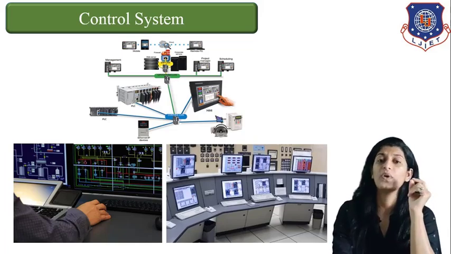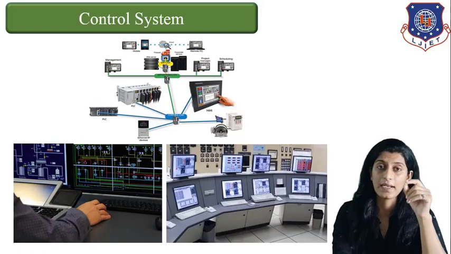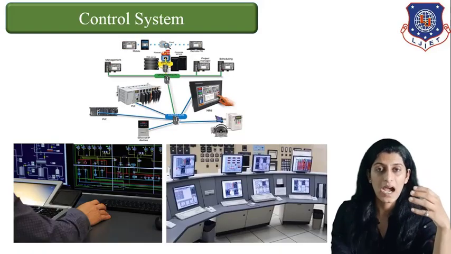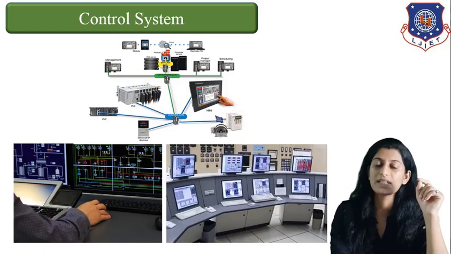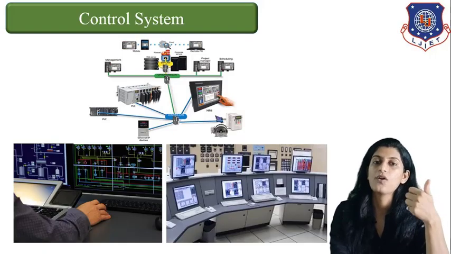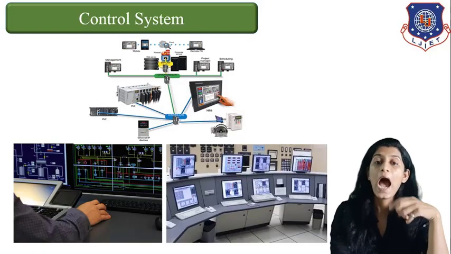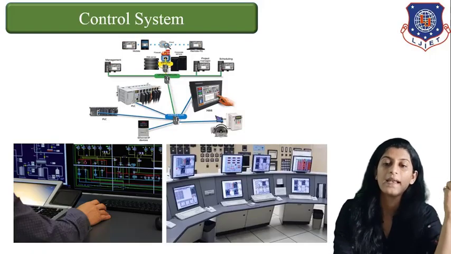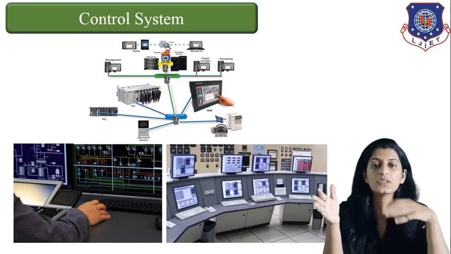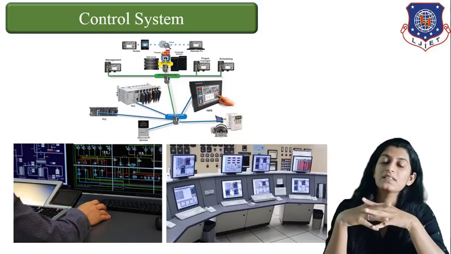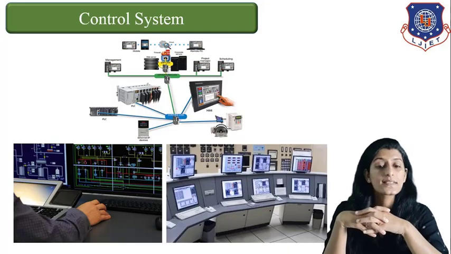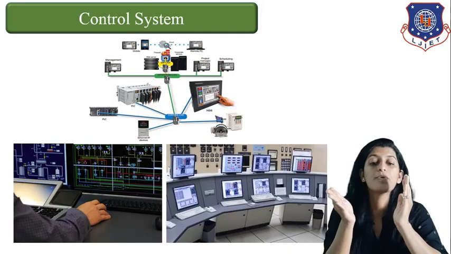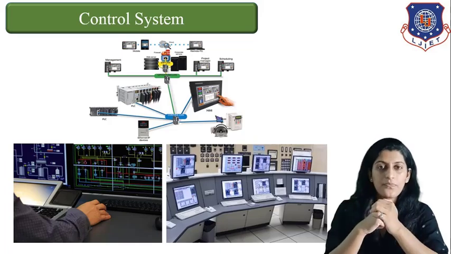We are trying to determine how various parameters can be controlled using a control system, what the analogy of a control system is, how it actually works, how we relate the input and output of any given system, and what parameters can affect the input and output of our system.